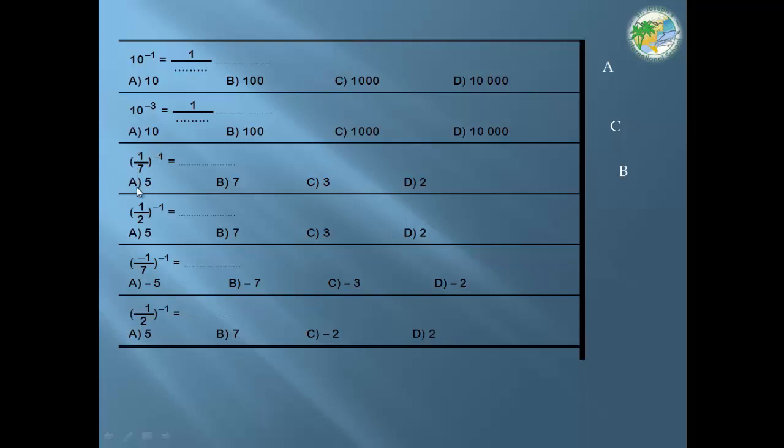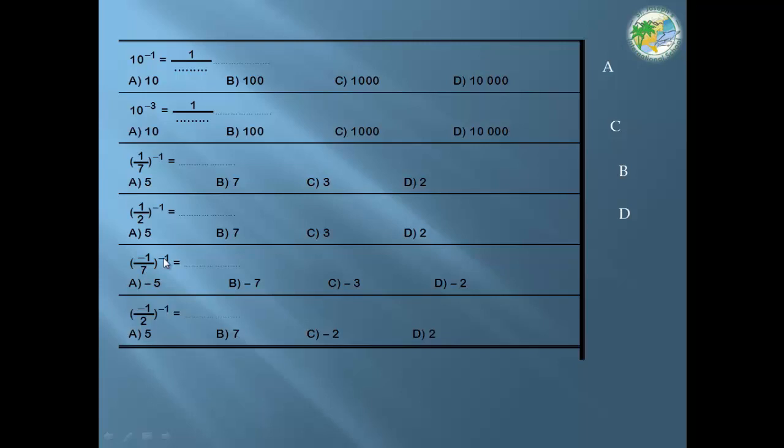Fine. 1 over 2 power negative 1, with the same steps. Then the correct answer, prep 1, is what? Of course it is 2. Now we have negative 1 over 7 power negative 1.